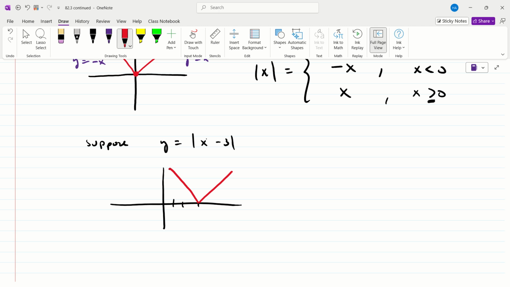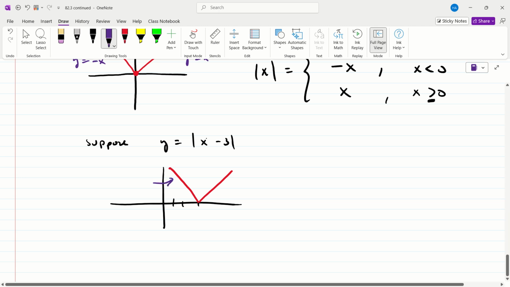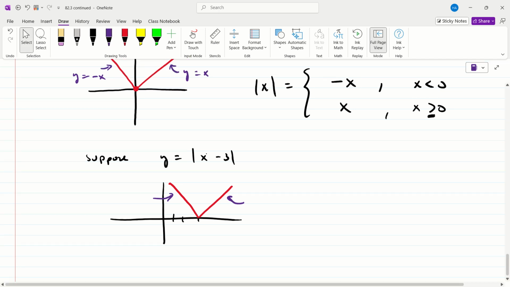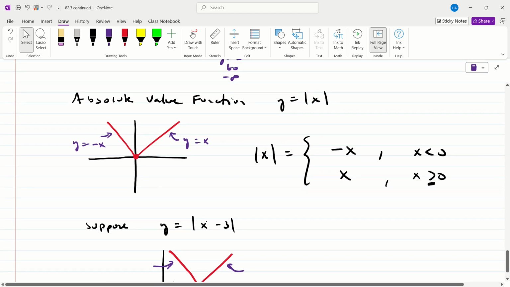Here we have something similar to what we had above. This graph is defined one way on the left and defined another way on the right. To figure out what the definitions are for these pieces, you kind of pull from what you saw up here with the original base model of the absolute value of x.